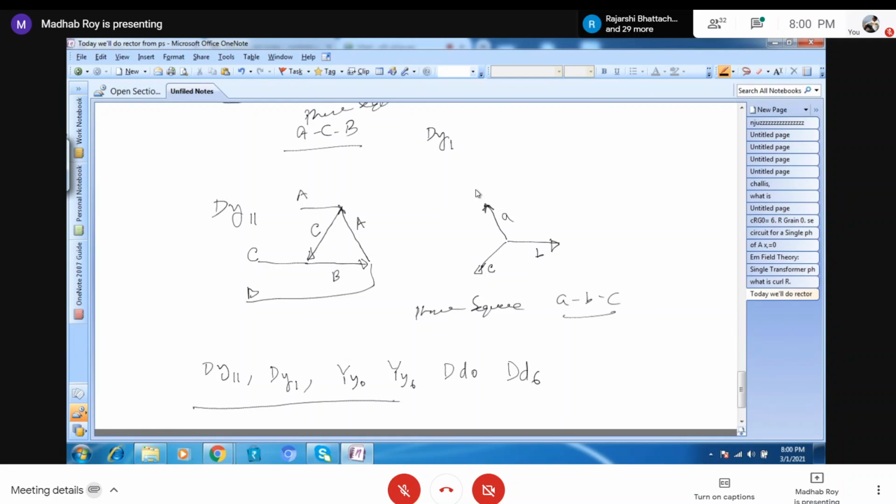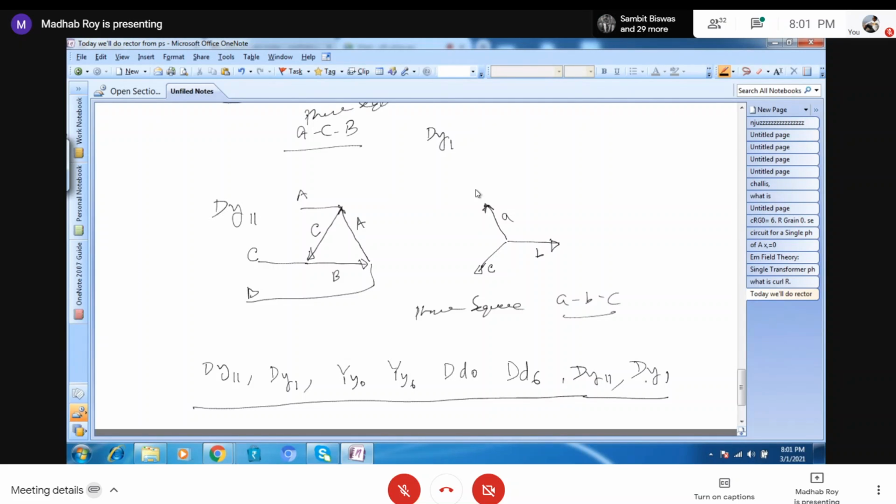So any confusion on this? Again, we have done DY11 and DY1. So many connections I have done. You see that so many connections we have made.